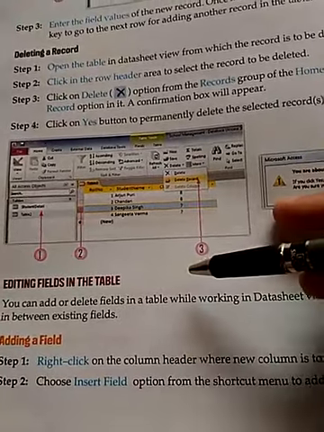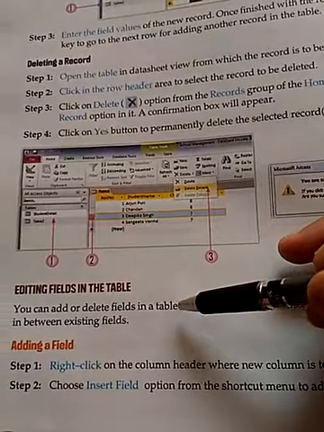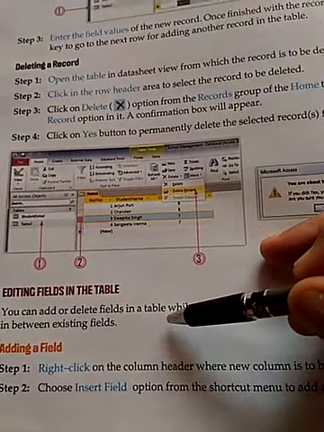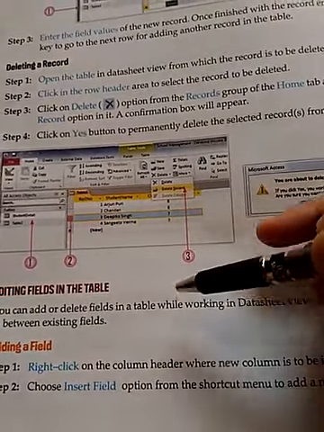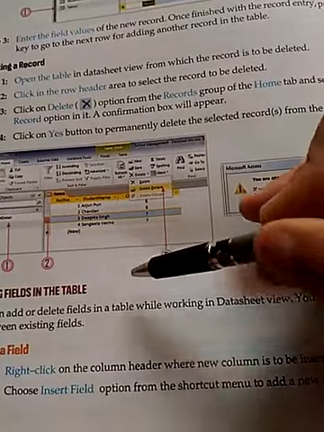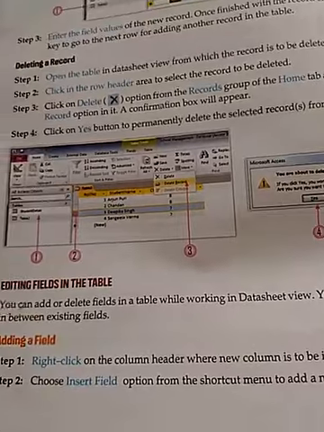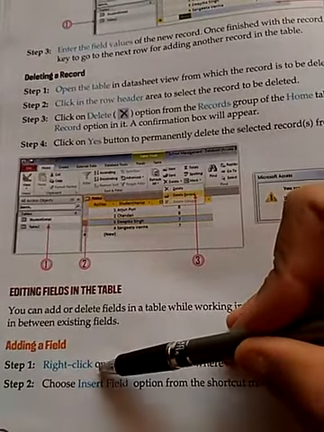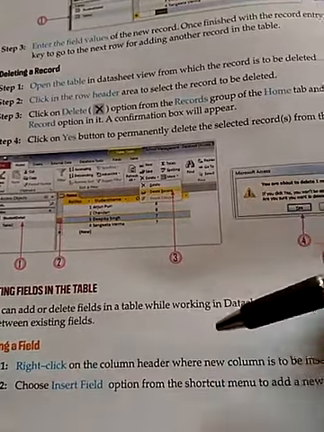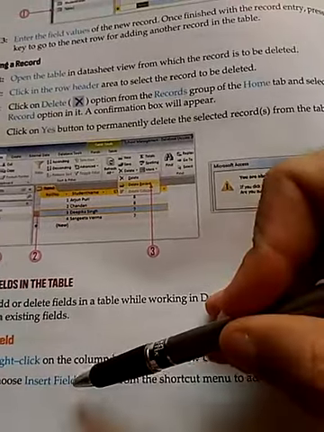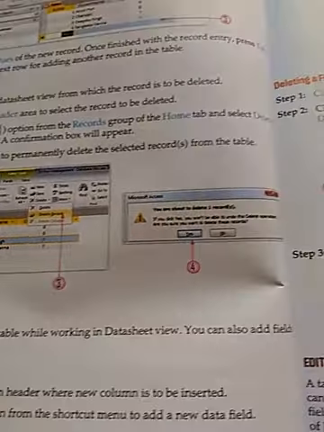If you want to add some field, which means a column, then how can this be done? Open the table in datasheet view and right click and select the option insert field.